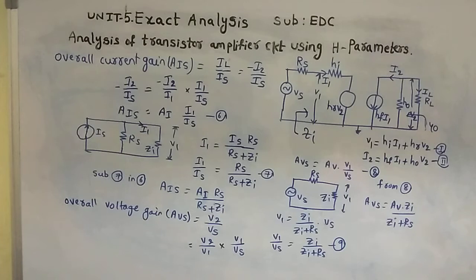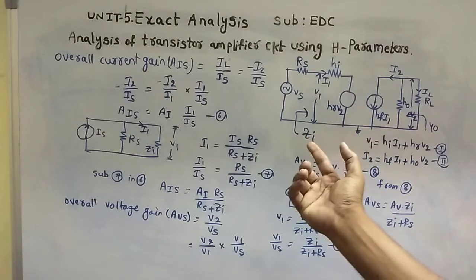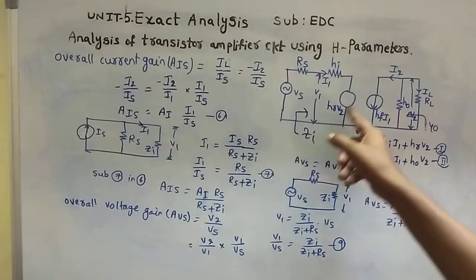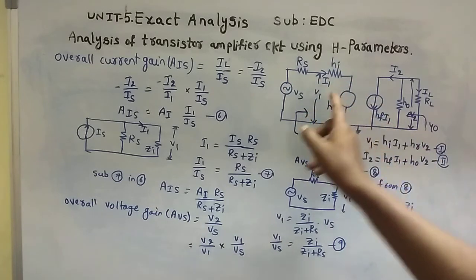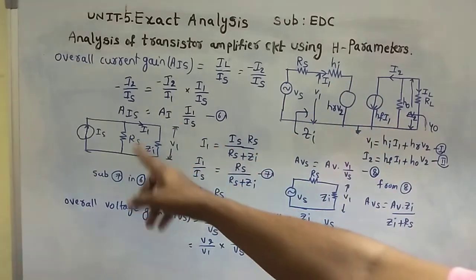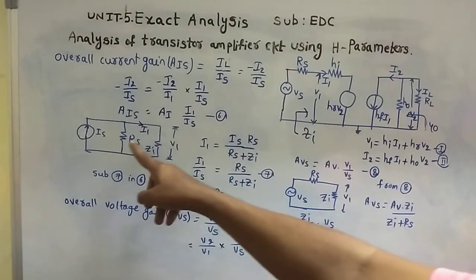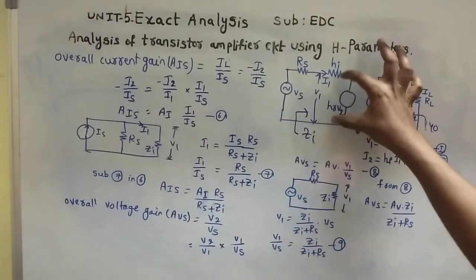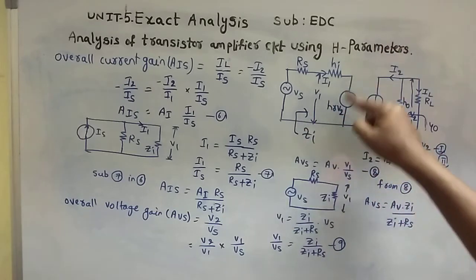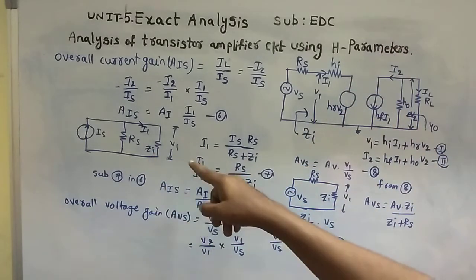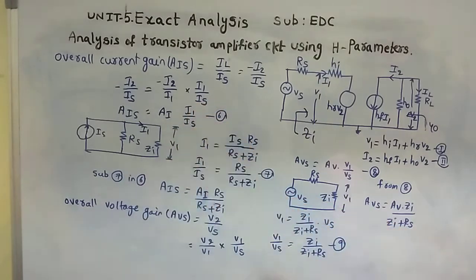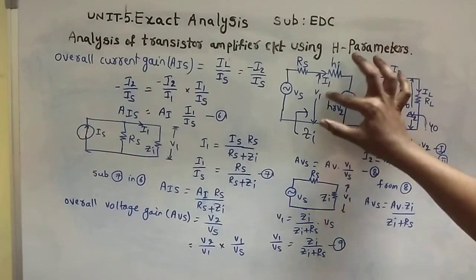That is a voltage to current source transformation. Then in place of the voltage source, a current source, and in place of series resistance, parallel resistance, with Zi parallelly we have another resistance. Then the voltage across Zi is V1.